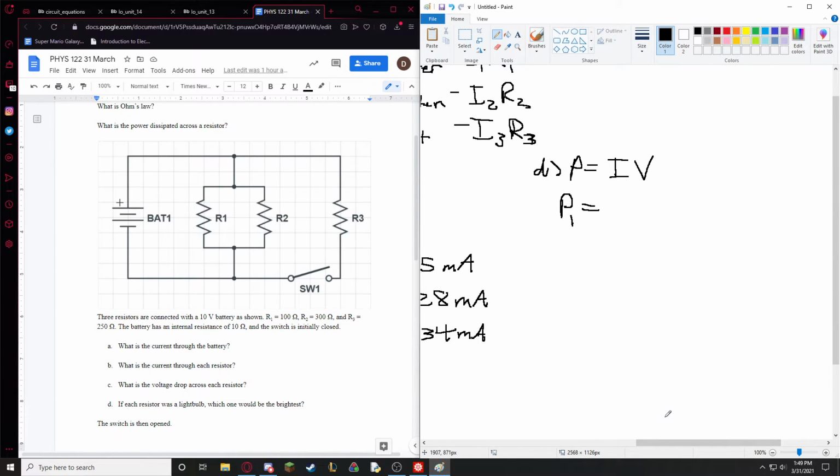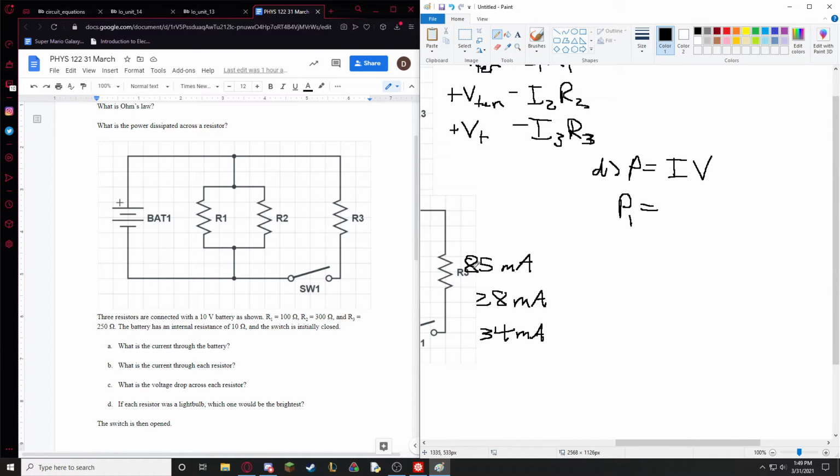So P1 is IV, which is 85 milliamps times the voltage. And we could do the same thing for P2 and for P3. So, which one would be the brightest?